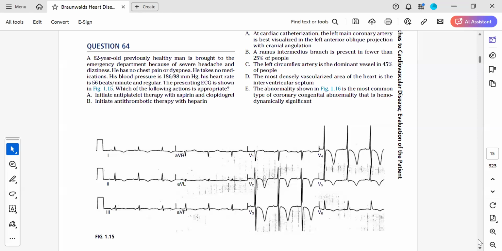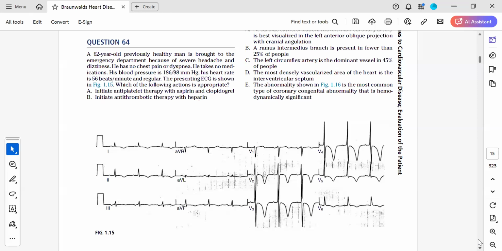Maybe we'll have to scroll down. Okay. So the ECG shows deep T wave inversion almost everywhere. You can see it from V1 to V6, lead 1, lead 2, lead aVF.